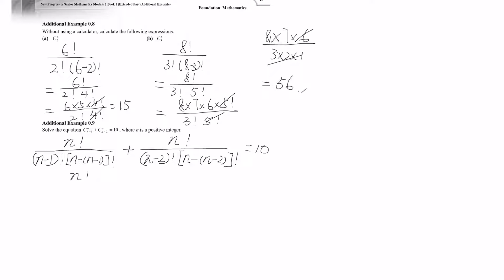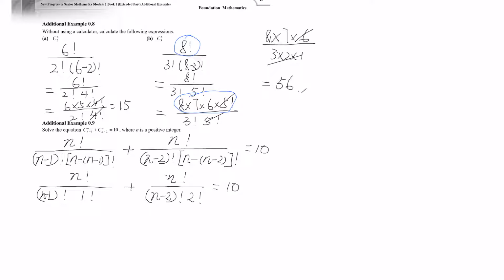Now we simplify. The first denominator is (n minus 1) factorial times (n minus (n minus 1)), which is 1 factorial, plus n factorial over (n minus 2) factorial times 2 factorial, equals 10. Now let's see how we can rewrite a factorial.